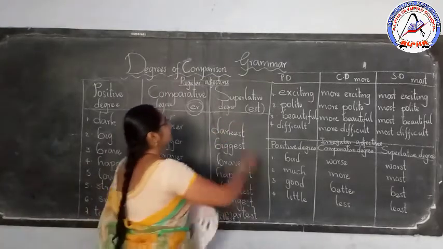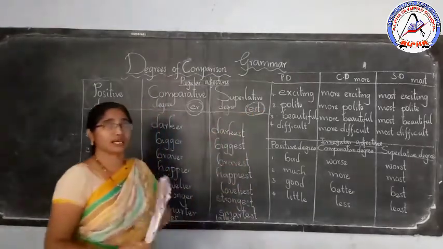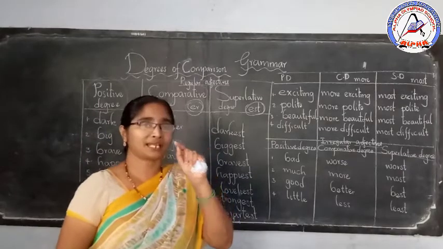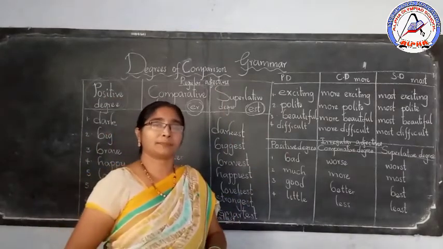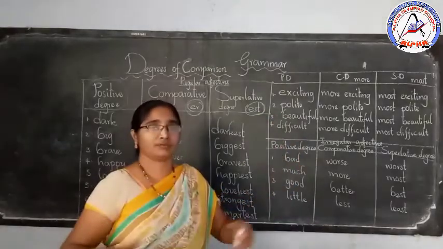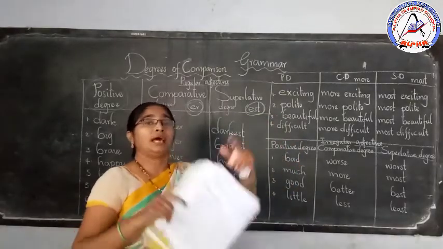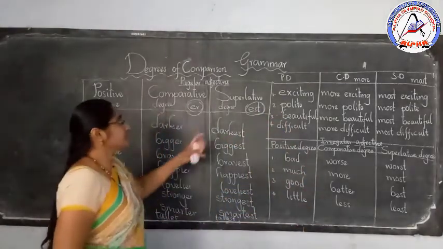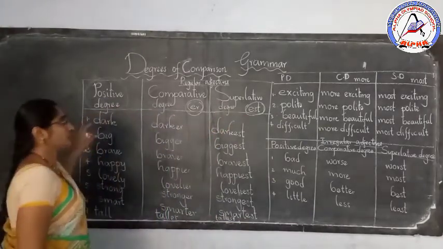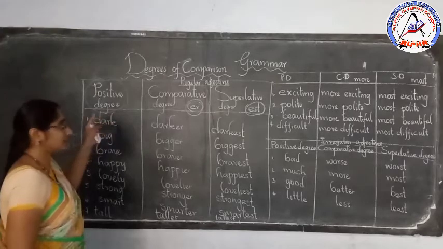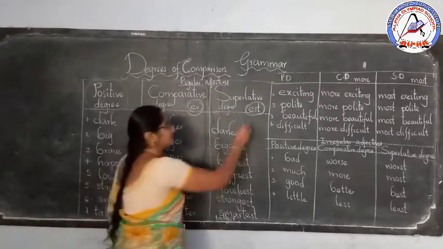You have to use EST, because we are comparing a person among all. When we are comparing a person among more than two people, or a thing among all the things, we add EST to the positive form, to the main word.